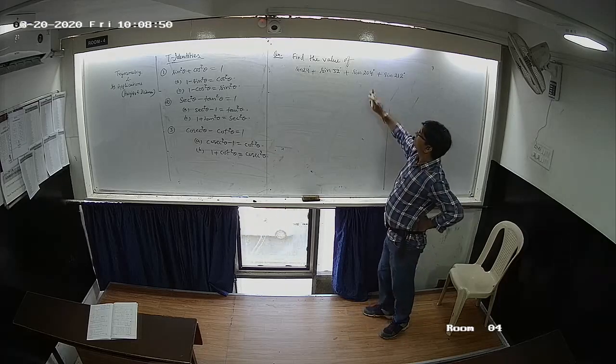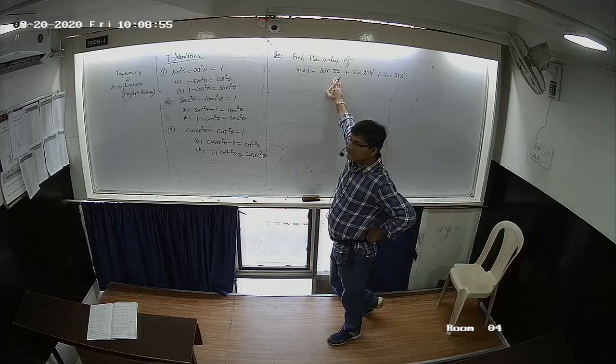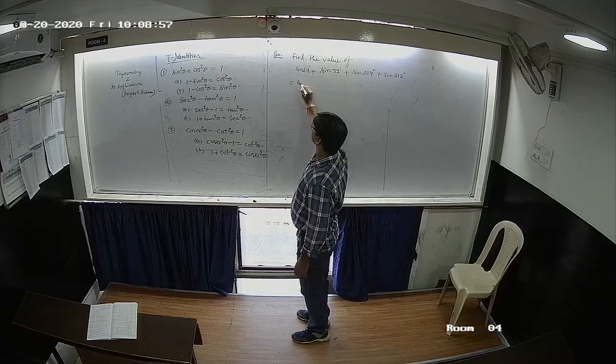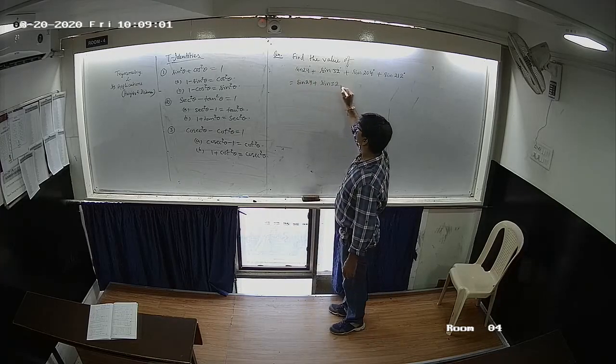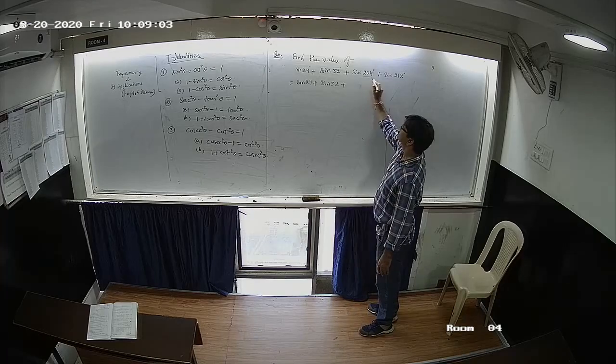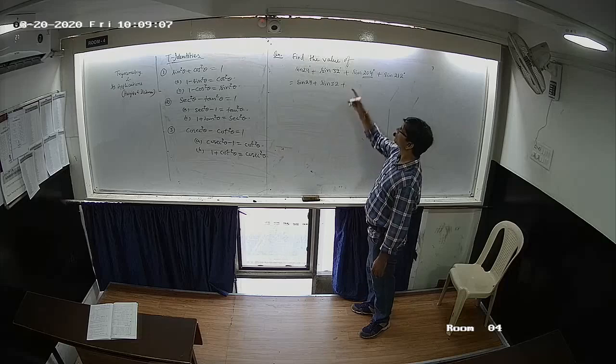Now if you see, these angles are big and unknown. So for this, we can get 204 degree in terms of 24 and 212 in terms of 32.